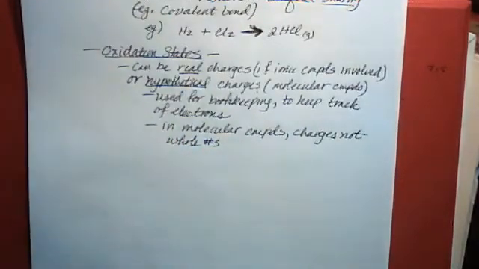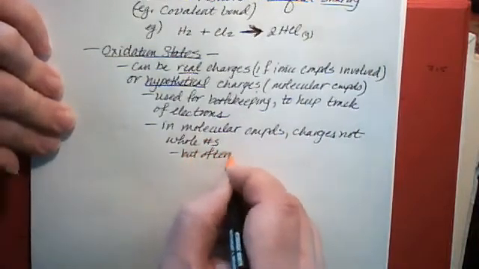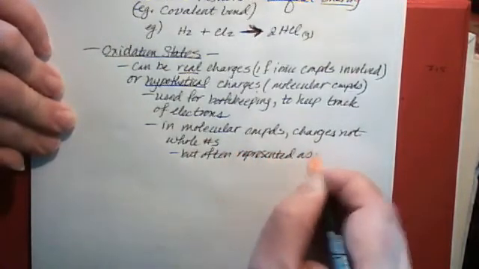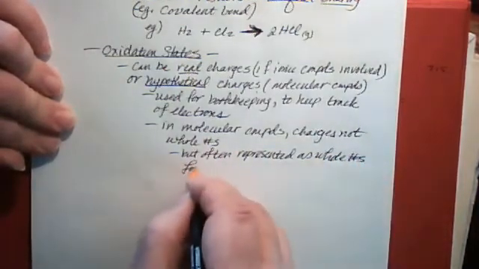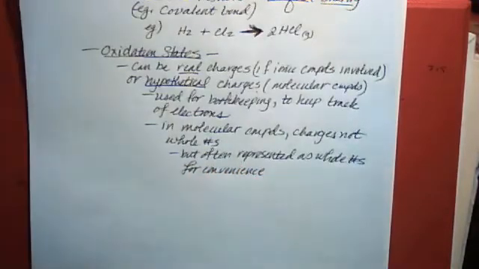And so, as I was saying, in molecular compounds, the actual charges present on the atoms will not be whole numbers, but we often represent them as whole numbers for convenience. Because while we know that those charges are not whole numbers, we don't know what they actually are.